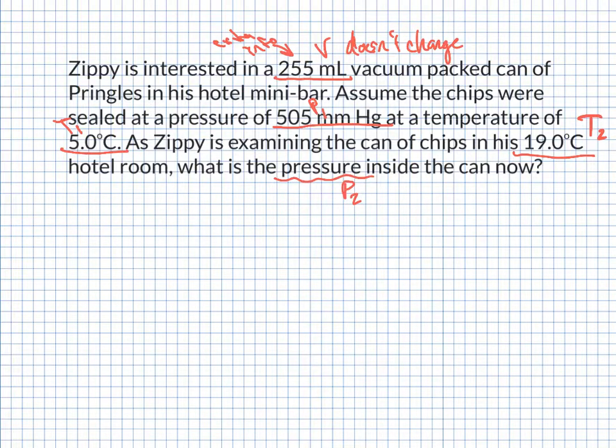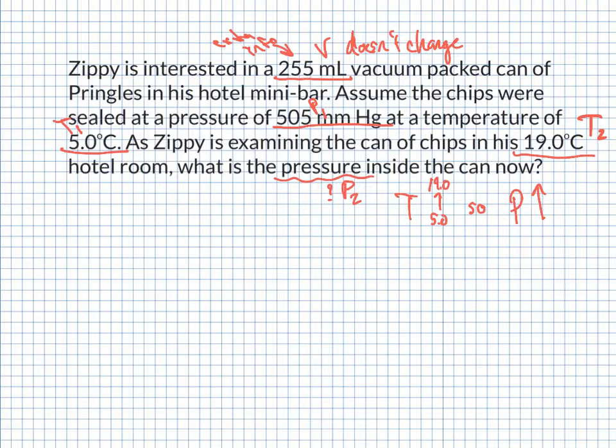So I am looking for a P2. What happened to my temperatures? My temperature was at 5.0 and it went up to 19.0. So my temperature increased. What should happen to my pressure? They have a direct relationship, so if my temperature increased, my pressure should increase.